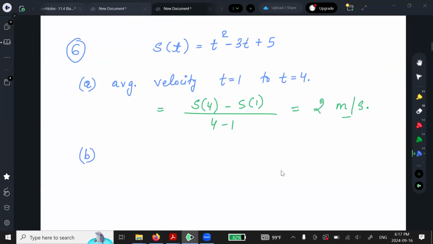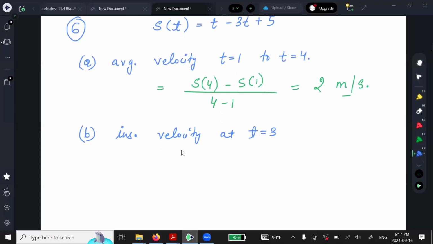What is the instantaneous velocity at t equals 3? What will you do? Well, first you will differentiate. What is the derivative? 2t minus 3, and they want to check the instantaneous velocity at t equals 3.